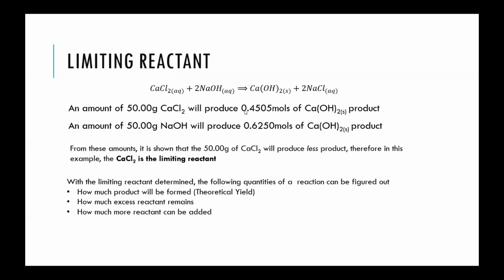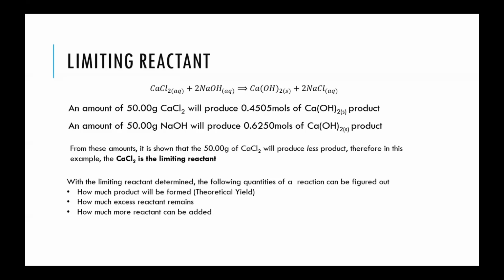Because in this case, there's enough calcium chloride to generate 0.4505 moles, and there's enough sodium hydroxide to generate 0.6250. The difference between them is going to be the moles of sodium hydroxide left over.